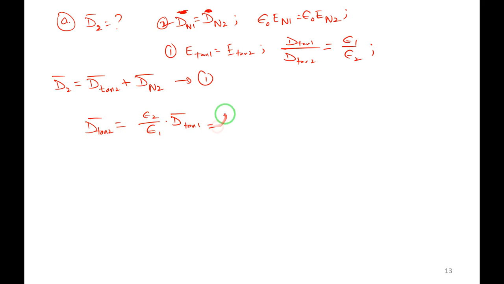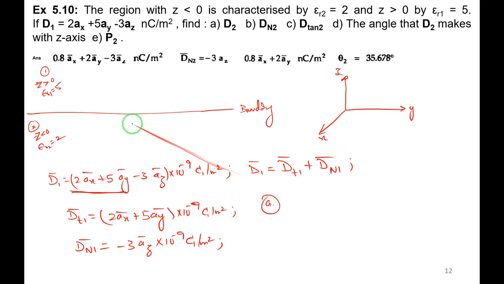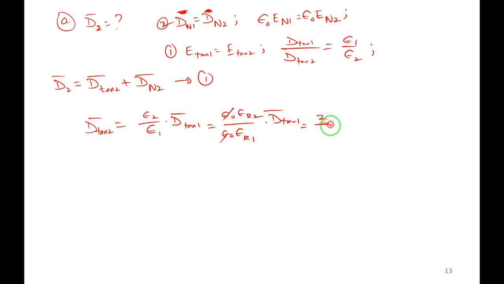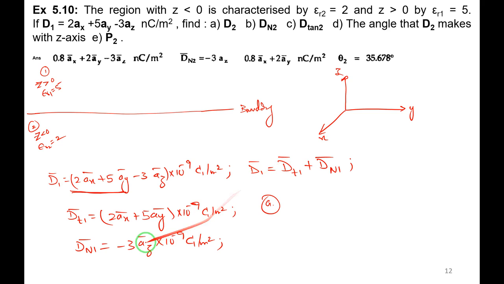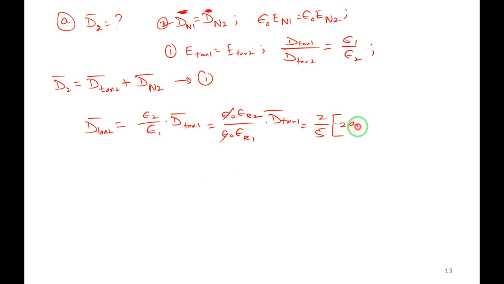What is epsilon 2? Epsilon naught into epsilon r2, divided by epsilon naught into epsilon r1, into D tan 1. Epsilon naught will get cancelled. Epsilon r2 is 2 by 5, into D tan 1, which is 2ax plus 5ay, into 10 power minus 9 coulomb per meter square.